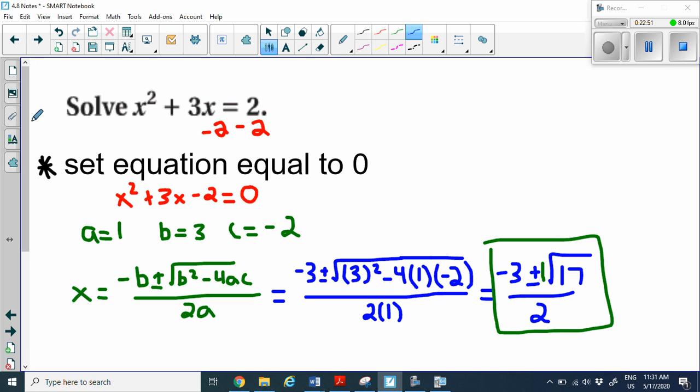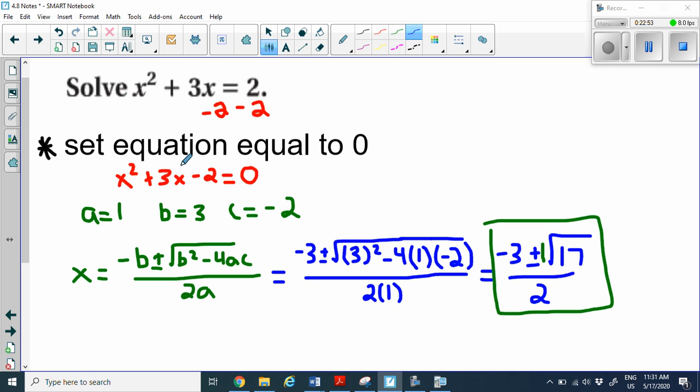The very first example, our x squared plus 3x minus 2, because we got a radical, that means this equation would have not been factorable. You would have to use the quadratic formula for this. Now, another thing is, some of you might be thinking, oh, this is just 1 solution. Well, in fact, it's actually 2 solutions because we have that plus minus.